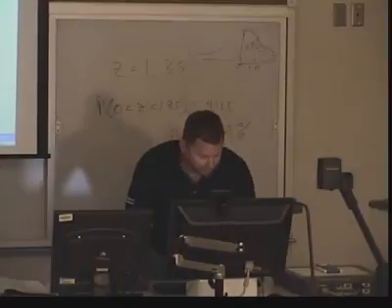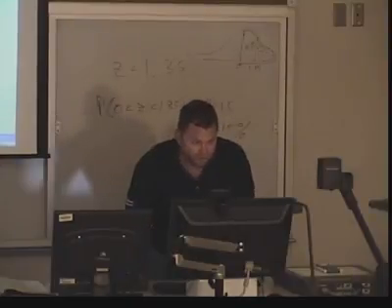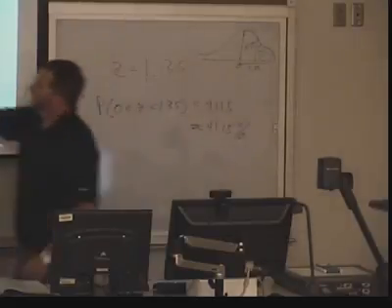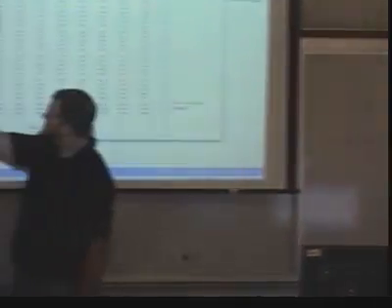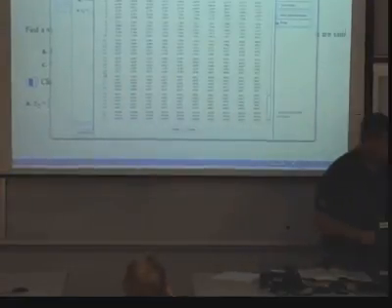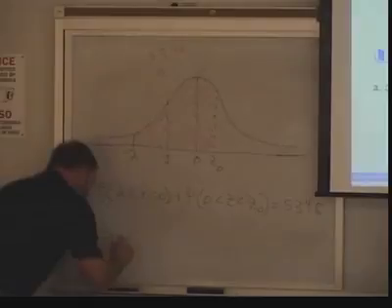I can't really zoom this chart in. See, it doesn't zoom. So let's go find 2.0. And I know it's really hard to see on here, but it's right here. 0.4772. So I know that this piece right here, this area between negative 2 and 0 is 0.4772.